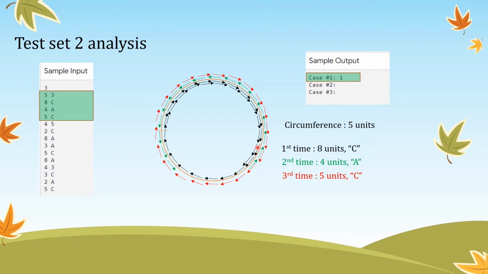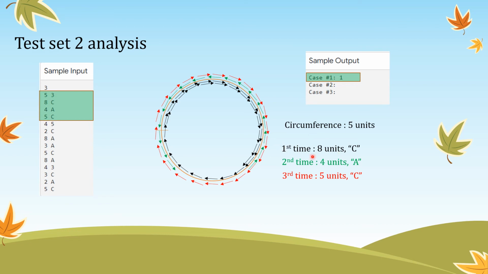You cannot say that because, say for example, I am traveling this circle 5 times continuously clockwise, and then I travel this circle 5 times anti-clockwise. Then if you use that minus logic, it will be 0, right? But it's not so, because it will count 5 and then only one time it will reset the counter. So 5 plus 4, 9 will become the output. So just remember that point.